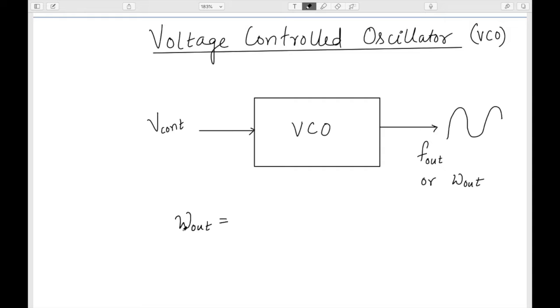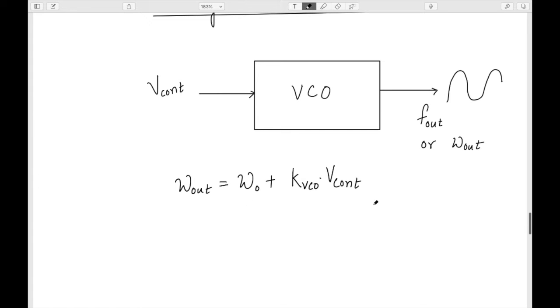Omega out is given by omega naught plus a constant which is called the KVCO times the control voltage.